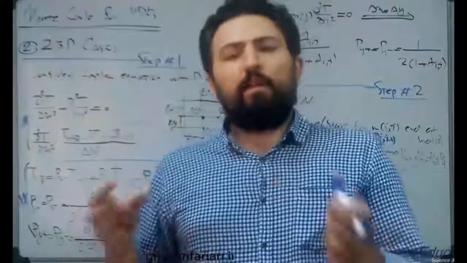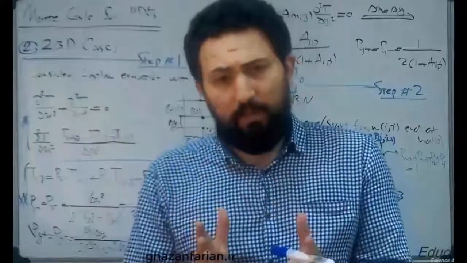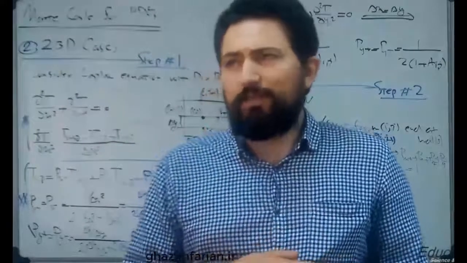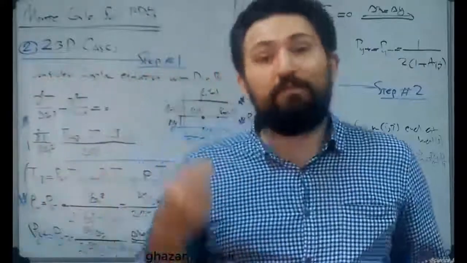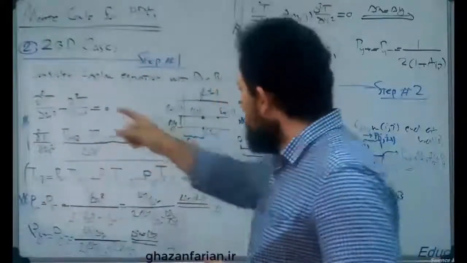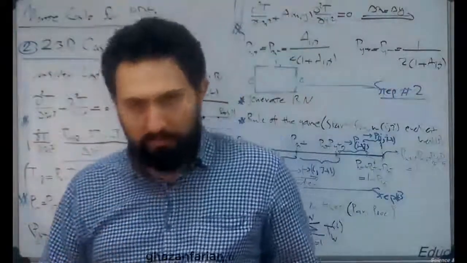I will explain the meaning of wall, but simply speaking, the wall here is a boundary where you have the value of your unknown function, for example, temperature, on that boundary. This is the wall in this context.